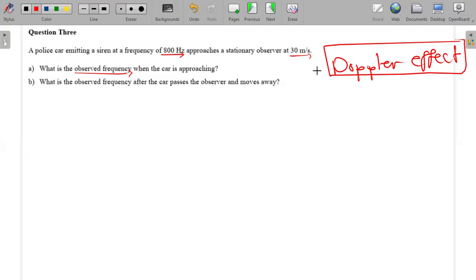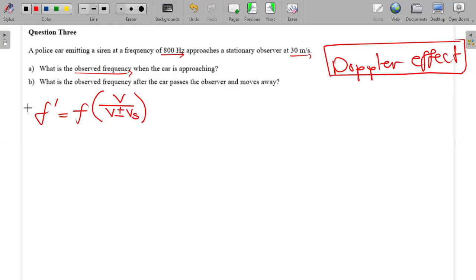What does the Doppler formula state? It states that the observed frequency is equal to the emitting frequency, open bracket, a velocity over velocity plus or minus Vs.